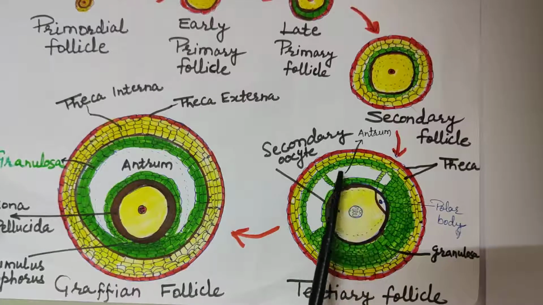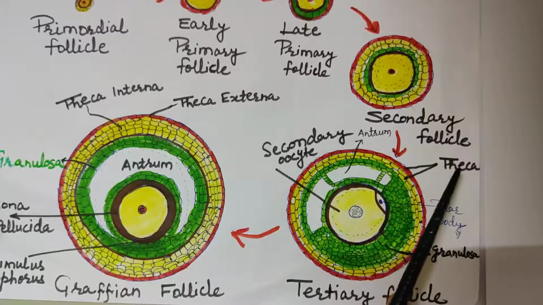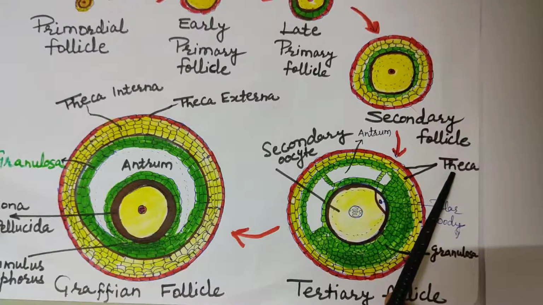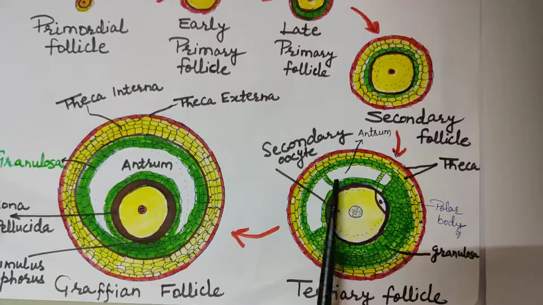They are arranged in this manner, that outermost, they differentiate into two layers. The outermost is called theca externa. The inner one, this yellow color, is called theca interna. Now you can see here there is creation of certain spaces inside it.